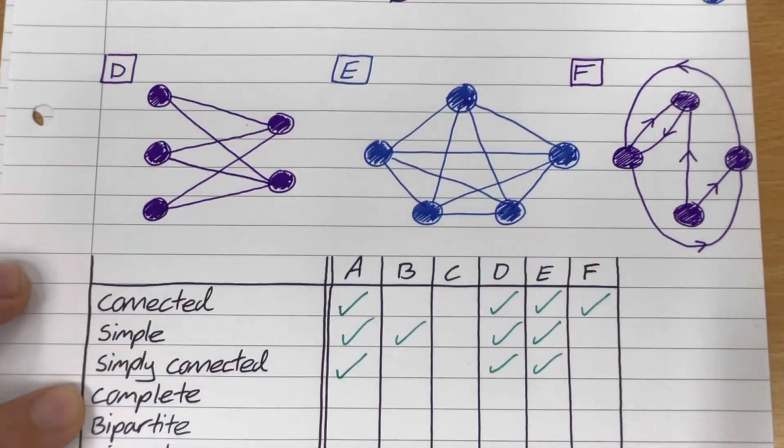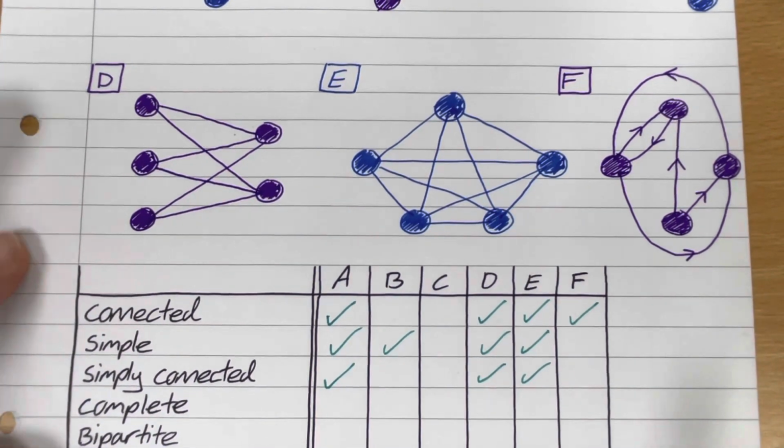A complete graph. This is a graph where every node drawn has an arc to every other node, directly. It also doesn't contain any loops, and doesn't have more than one arc between any pair of nodes.